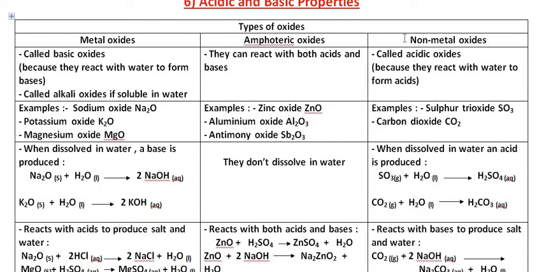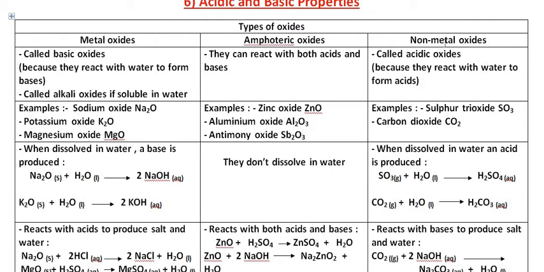If a non-metal reacts with oxygen, a non-metal oxide will be formed. Metal oxides are also called alkali oxides. Why? Metal oxides, such as sodium oxide, react with water to form a base. So metal oxides are called basic oxides.